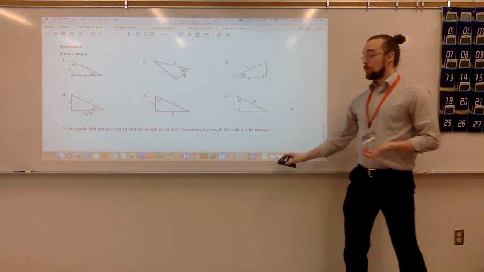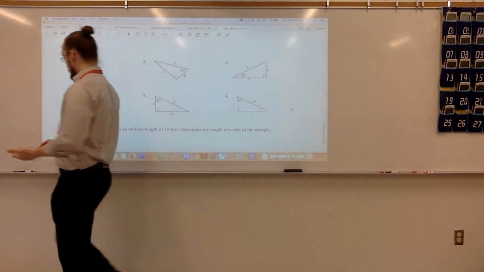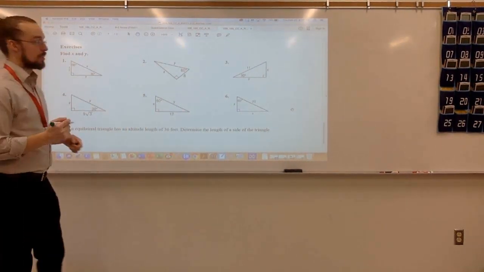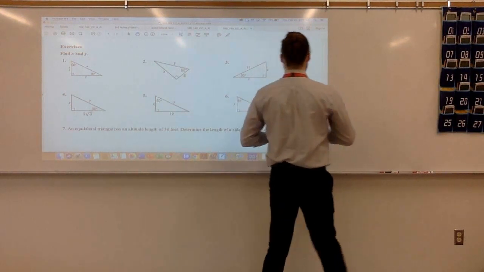We're just using the relationship that the hypotenuse is double the shorter leg, and the longer leg is the square root of 3 times the shorter leg.